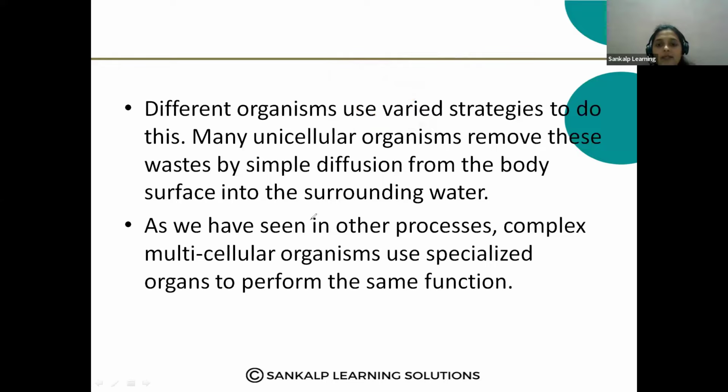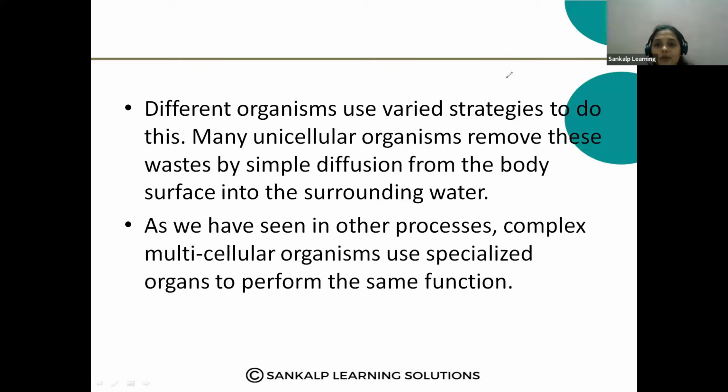Multicellular organisms developed some complex specialized organs for the removal of the nitrogenous waste. Here I am explaining excretion, about how the nitrogenous waste removal takes place from our body.